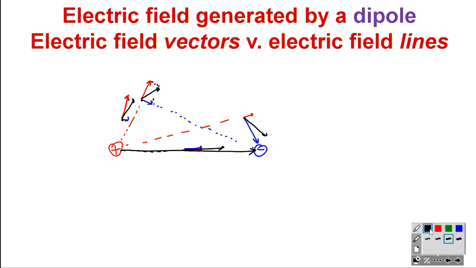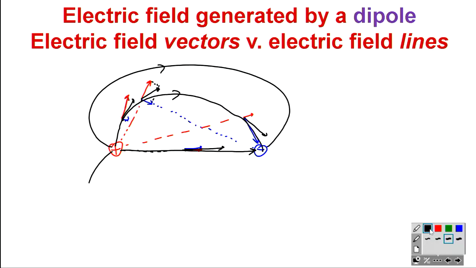And now we have to draw a line which touches all those arrows. Tangential means touching. And that line should look like this, something like that. It begins on a positive charge, and it ends on a negative charge, and we can repeat these reasonings again and again. That will give us a sense of electric field around a dipole.